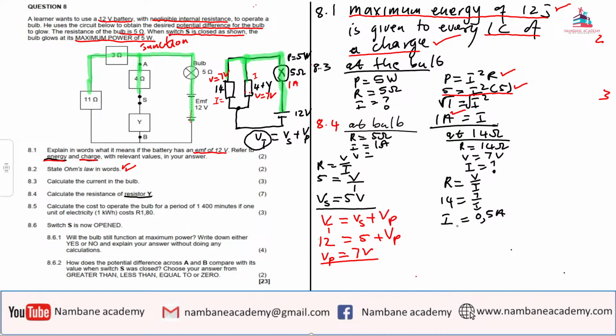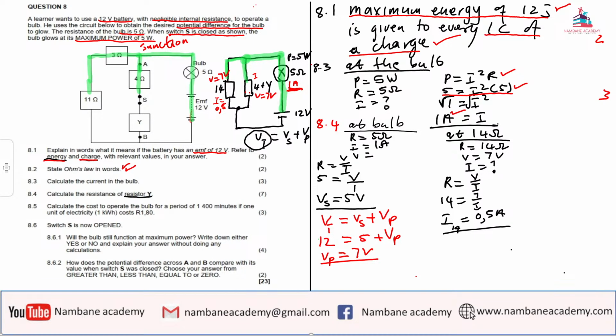So this is the current passing at 14 ohm. Quickly, Mr. Nyokong, if we have a current of 0.5 passing at 14, what is the current passing at 4 plus Y when our total is 1 ampere? Quickly, Ntate Nyokong. It's 0.5.